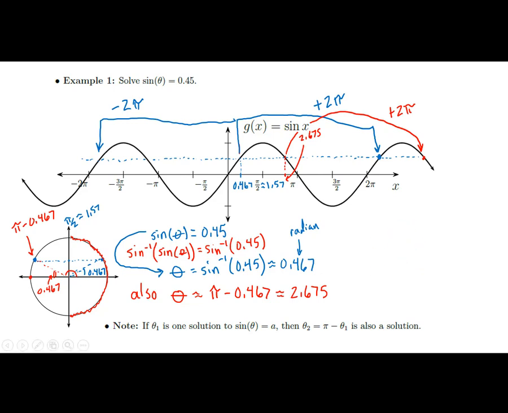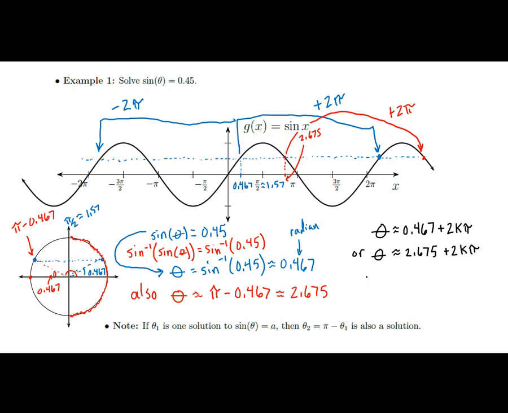I'm going to put this in a different color just to distinguish this is our final answer. What we would say here is that theta can be approximately 0.467 plus 2k pi, meaning I can add any multiple of 2 pi that I want, or theta is approximately 2.675 plus 2k pi.